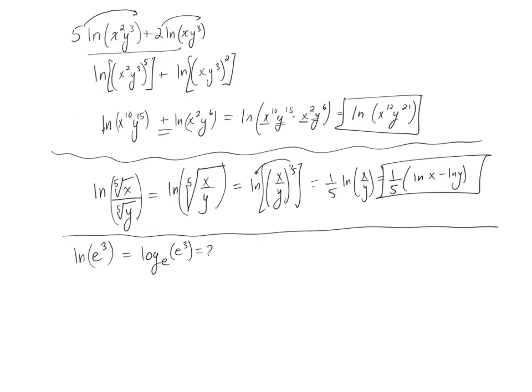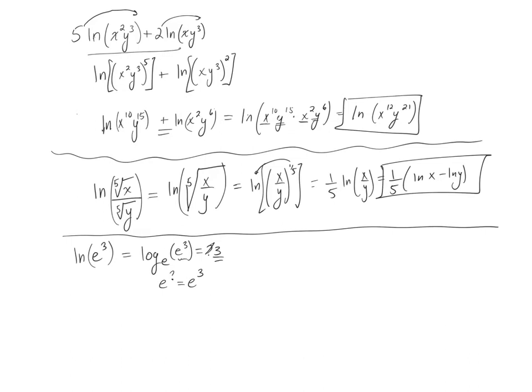You say, okay, ln of e cubed means log base e of e cubed, which is asking the question, what power do we raise e to get this argument being e to the third? And now it becomes pretty obvious. Oh, of course, it's the third power that would raise e to get e to the third.